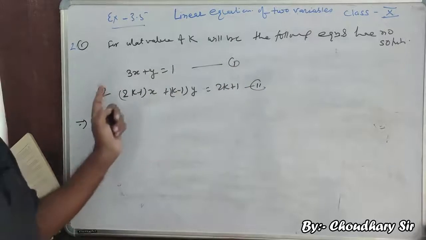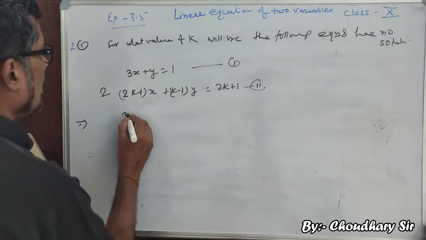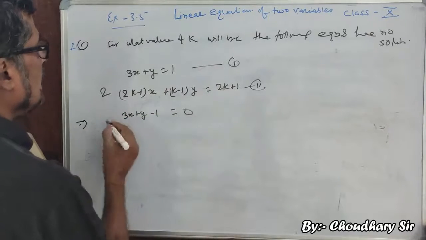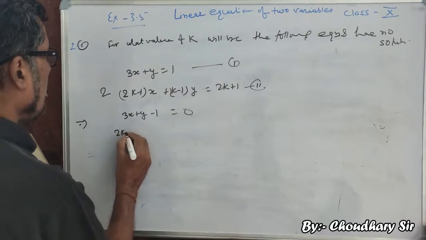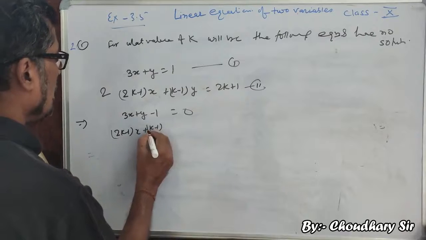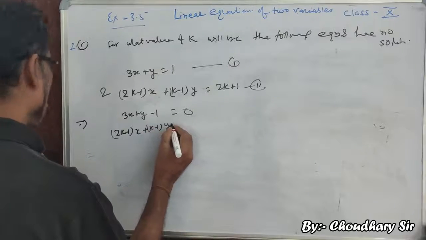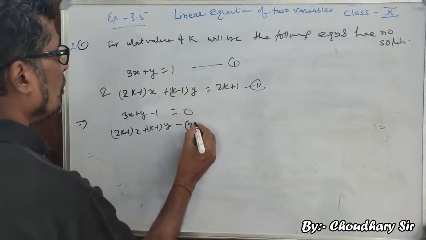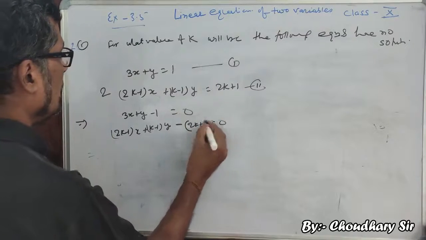What will we do? Bring the 1 to this side. So 3x plus y minus 1 is equal to 0. And (2k minus 1)x plus (k minus 1)y minus (2k plus 1) is equal to 0.